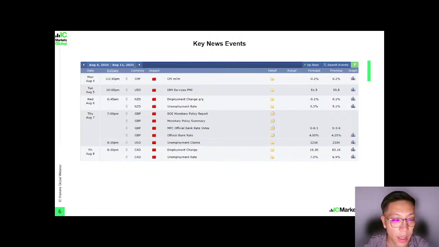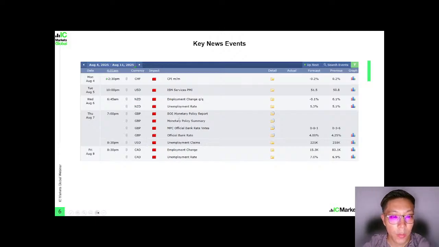Usually these are slow moving pairs, but because of the unemployment rate on a Wednesday, NZD USD and NZD JPY will definitely have fluctuations in the market. Then of course Thursday we have multiple GBP news as well as USD unemployment claims.